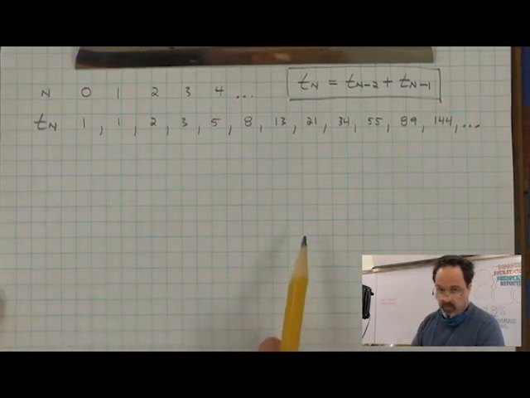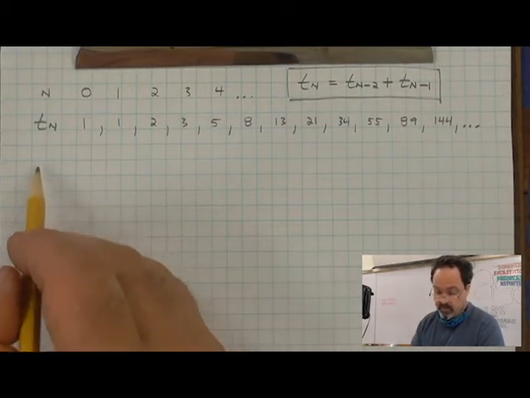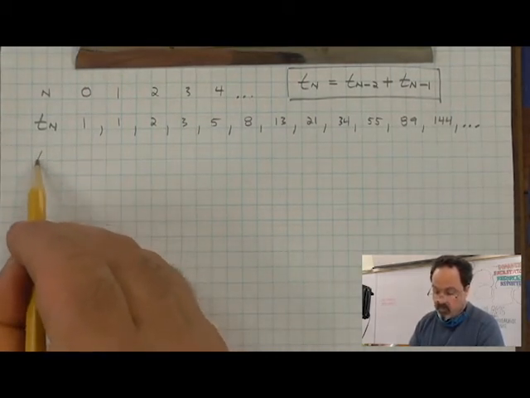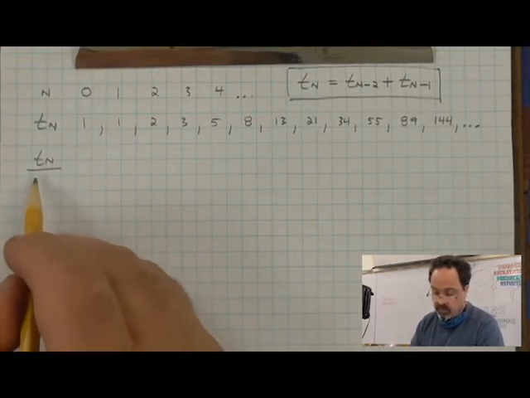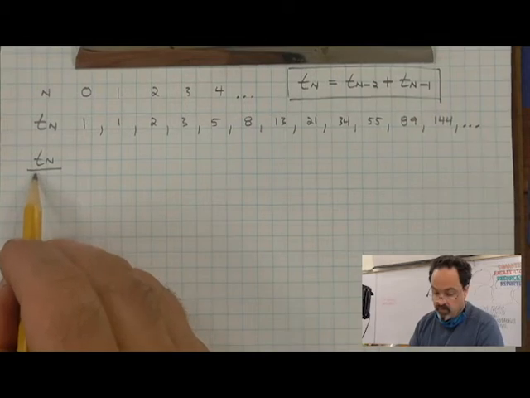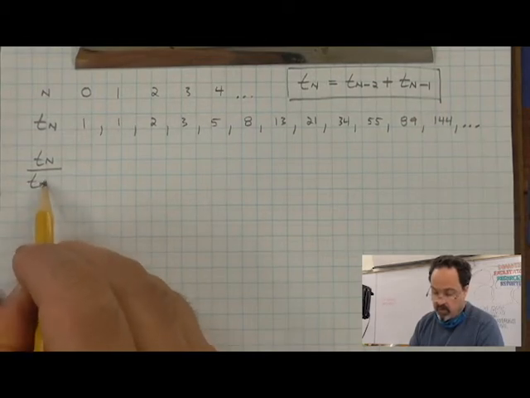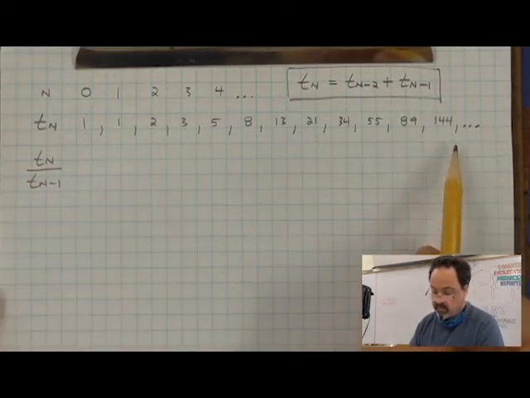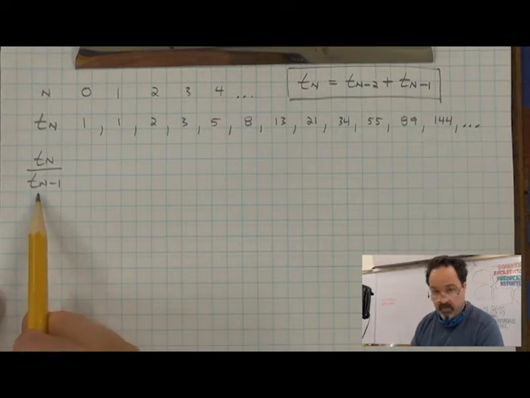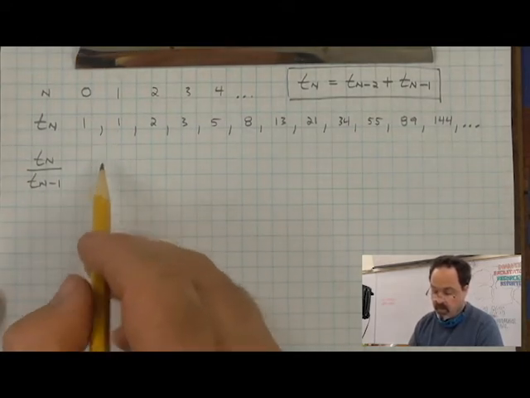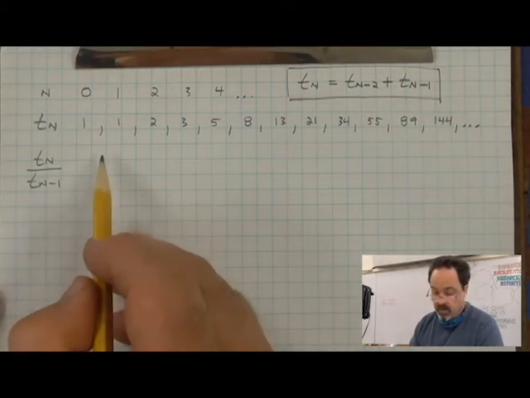Let's take a little deeper look at the Fibonacci sequence by making ratios out of sequential terms. 2 terms that are sequential means that they are next to each other in the list. If I make a ratio of a value of a term divided by the one previous, then a pattern will emerge.